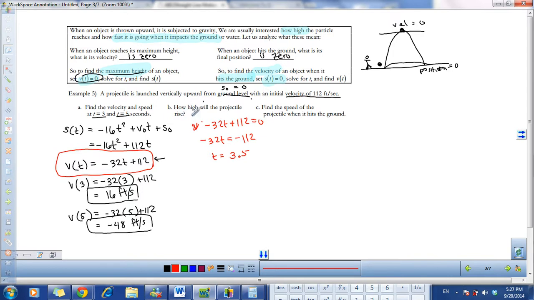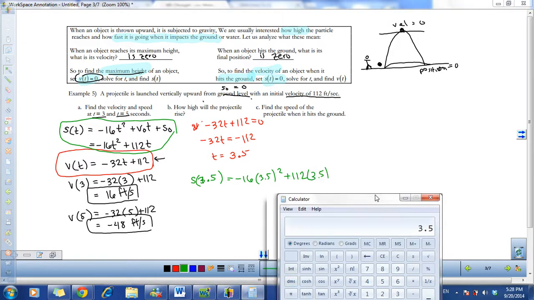How do I find that maximum height? I put it back into my position function. So I find s of 3.5, which is negative 16 times 3.5 squared plus 112 times 3.5.